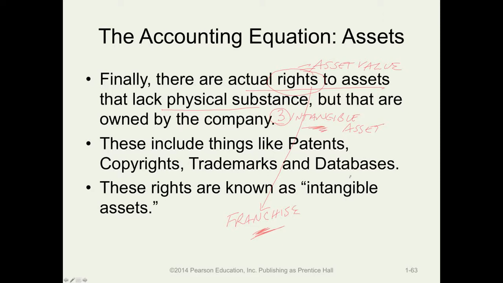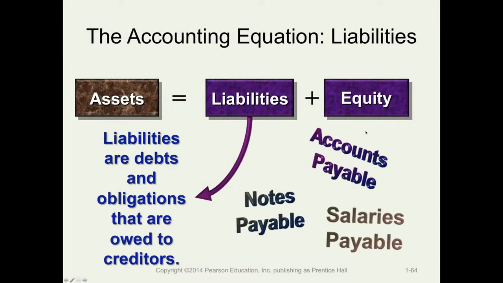So the three types of assets we have are tangible, we have rights or claims to cash, and then we have these intangible assets. The next element of the accounting equation are liabilities. And liabilities, as we suggested, are debts that are owed to outsiders or creditors, and they include notes payable, and those are formal documents, formal written promises to pay, as we said.